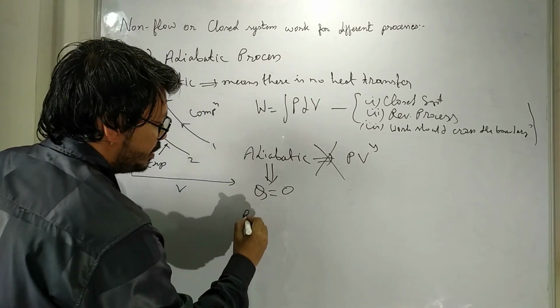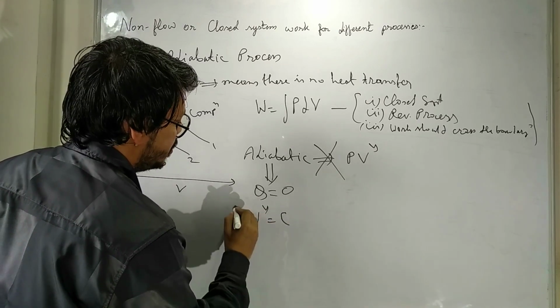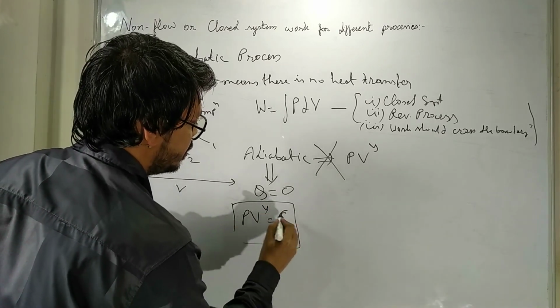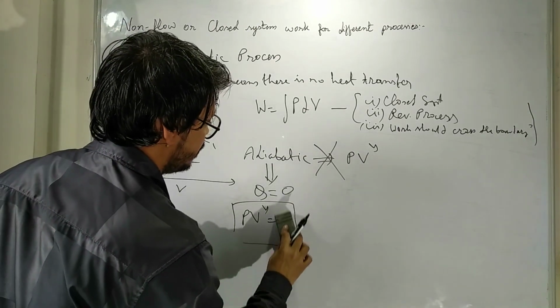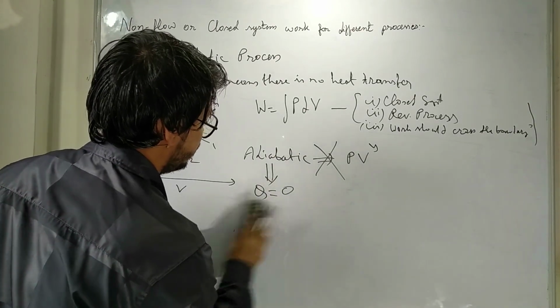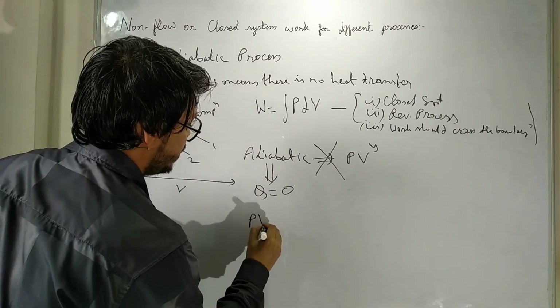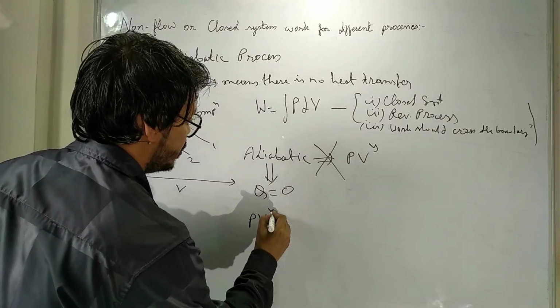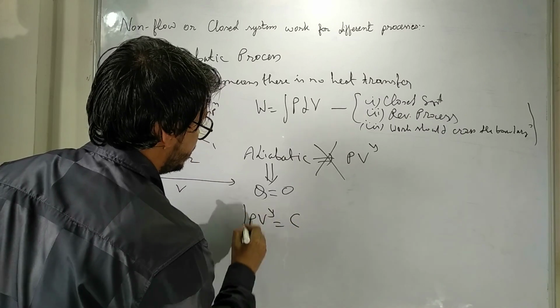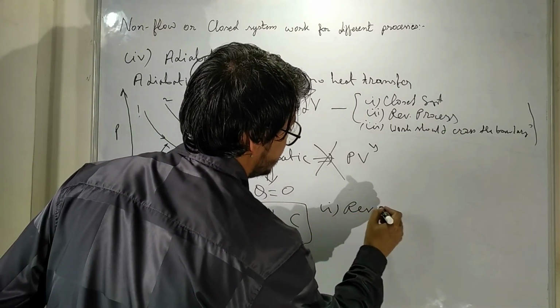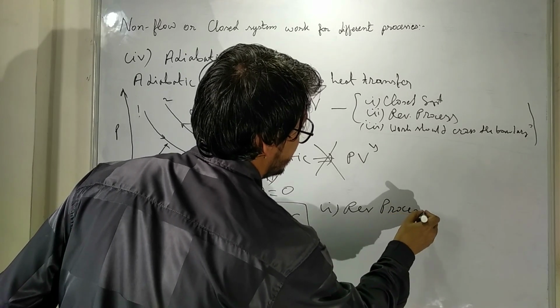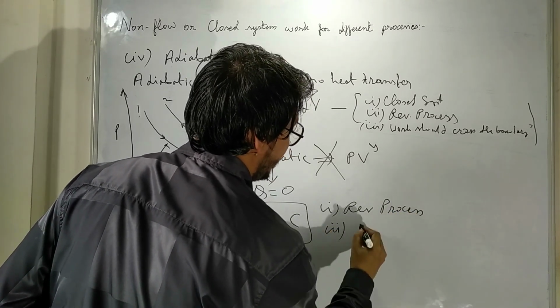We can write PV to the power gamma equals constant only when the process is a reversible process and the gas is an ideal gas.